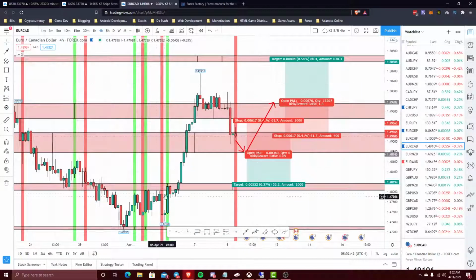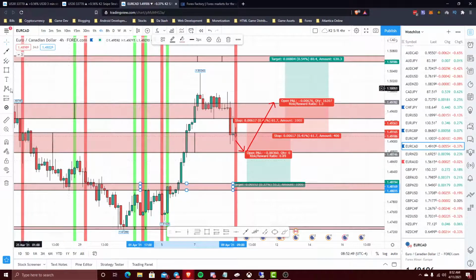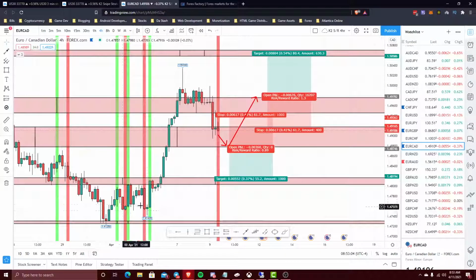But now it just seems like these markets have been consolidating so much lately. For example, this right here, from the 1st of April all the way up until like the 5th, had nothing but consolidation, just weird movements, 4 days of weird movements.